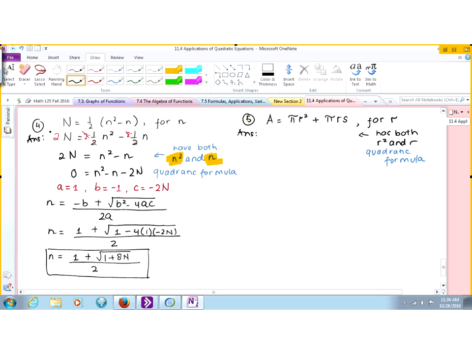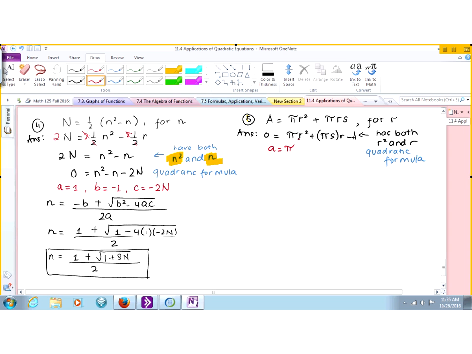So 0 is equal to what? Pi r squared plus pi sr minus A. Yes. Because then you could tell the a and b and c. What is my a?